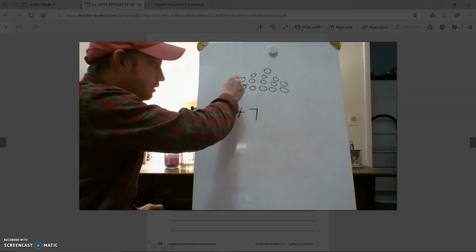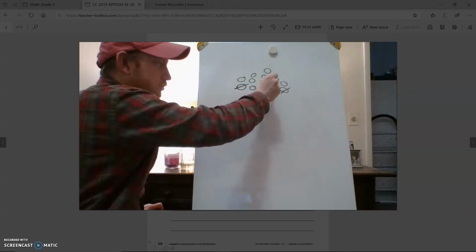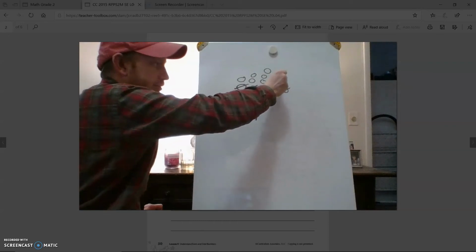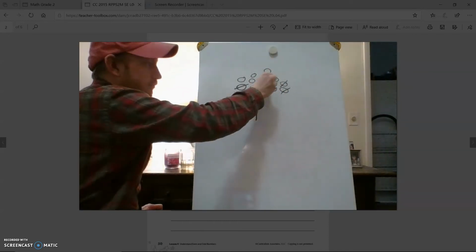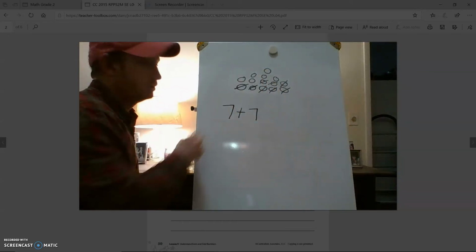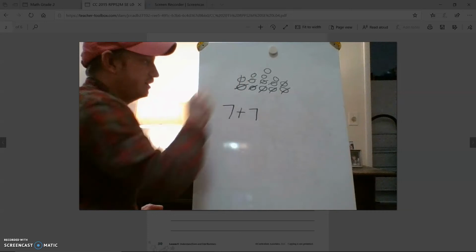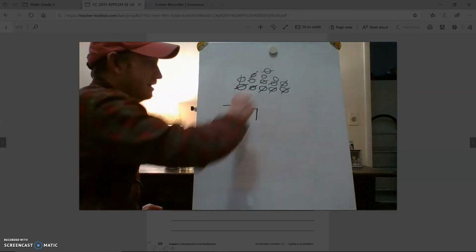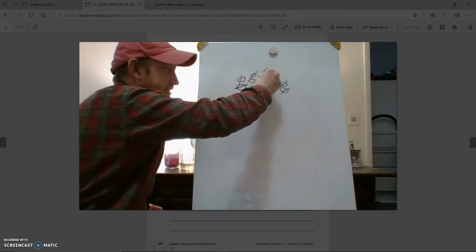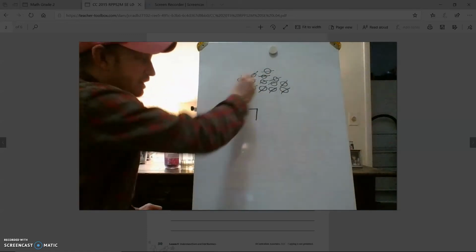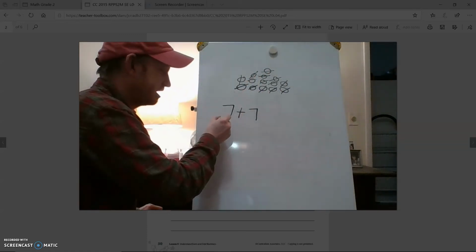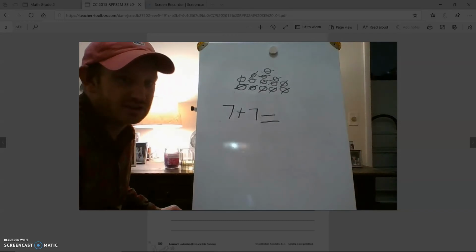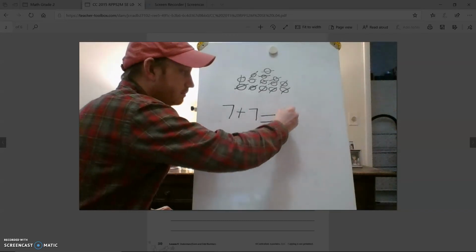I had 1 and 1, 2 and 2, 3 and 3, 4 and 4, 5 and 5, 6 and 6, and 7 and 7. So this picture is 7 plus 7. And 7 plus 7 is equal to 14.